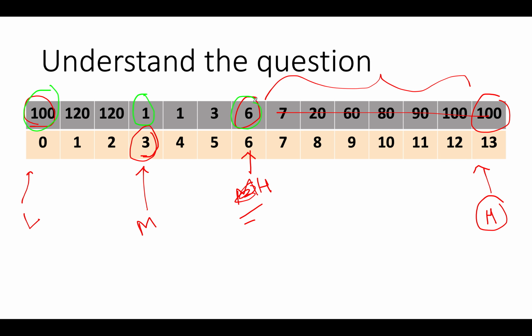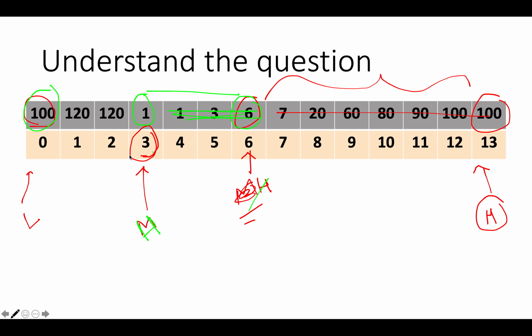What can we say for sure? The minimum will not lie in the right part of the array, so we can disregard all these elements. By the same virtue, because 1 is lower than 6, we update the high pointer to mid. So high gets updated to 3. Now the input array has reduced from 13 to only 3.